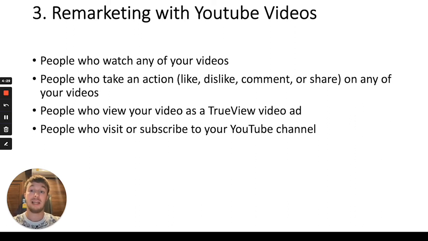You can do it to the people who watch any of your videos, to people who take an action like even disliking, commenting on or sharing any of your videos. And you can also remarket to the people who view your video as a true video ad, or people who visit or subscribe to your YouTube channel. So you can do many different things with remarketing.